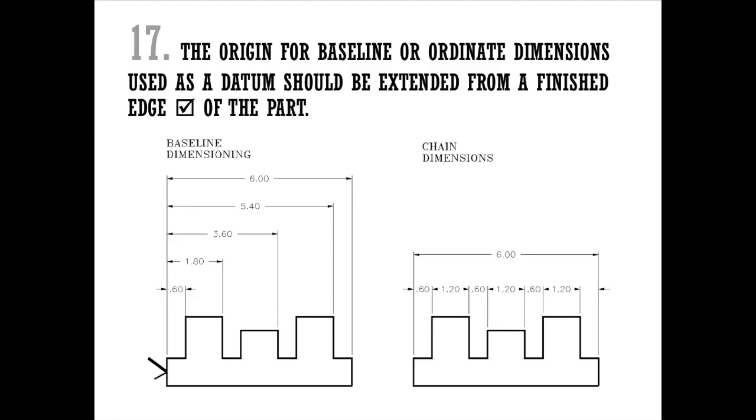However, every dimension after that will also be off 0.001. If you use a datum, which is essentially a perfect zero or a flat surface on your part, every dimension has its ability to be to that 0.001 tolerance. So you're minimizing the amount of error in your dimensioning. It's also easier to track what dimensions you have left out and what you still need to include. So we are going to be using baseline dimensioning, not chain.